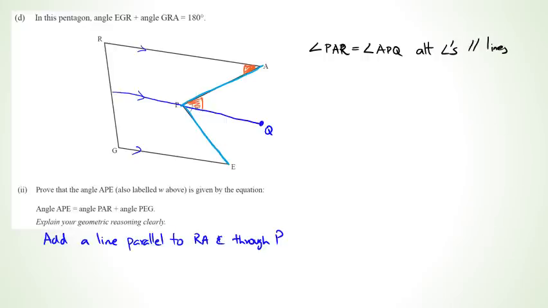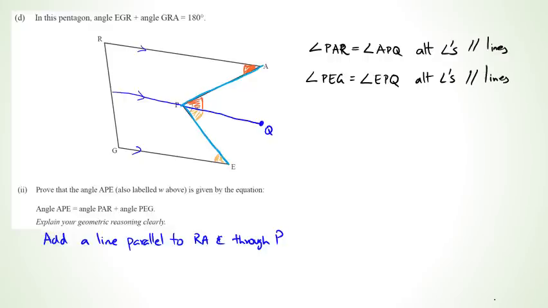And I pretty much do the same thing for the one below as well. So PEG is going to be the same as EPQ. So I have angle PEG equals angle EPQ. And once again, that's because they are alternate angles on parallel lines.